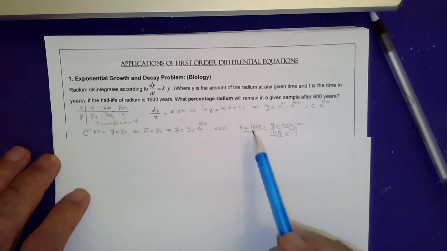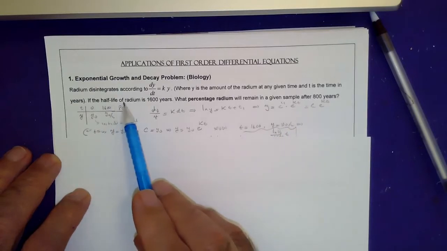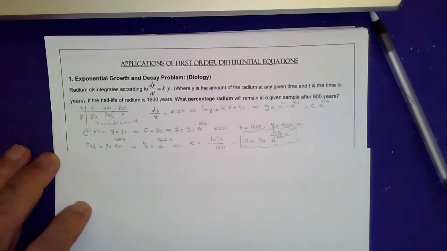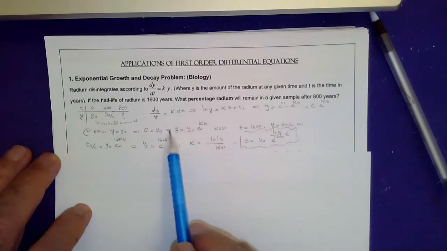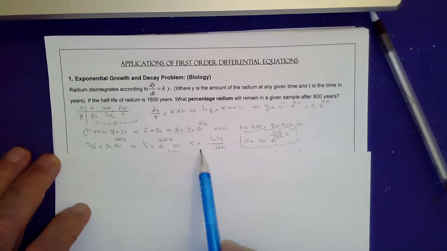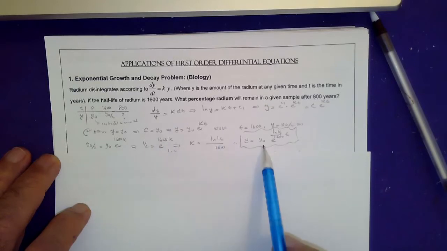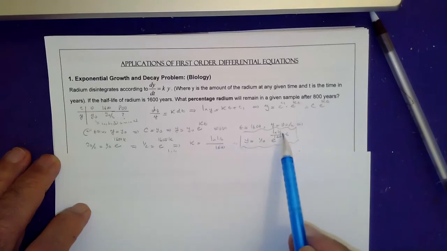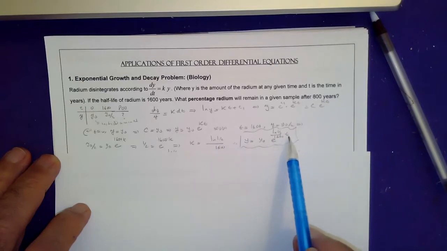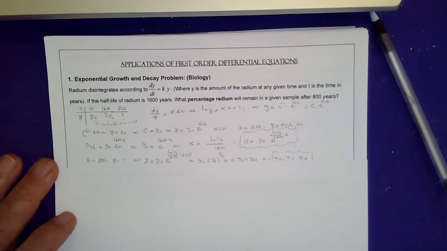On the other hand, after 1600 years, y will be equal to y0 over 2. That's the definition of half-life. So you impose that in this model, and you get k equal to natural log of 1/2 over 1600. Now we have the complete mathematical model, so we can predict the future.